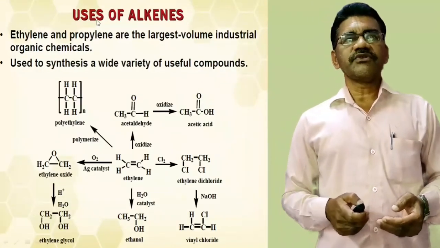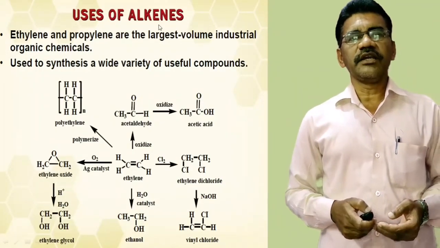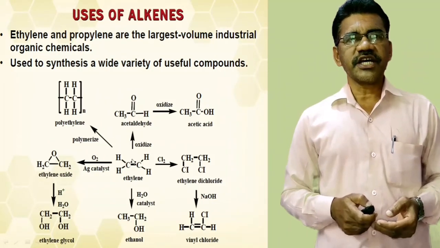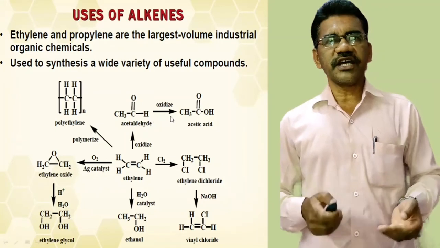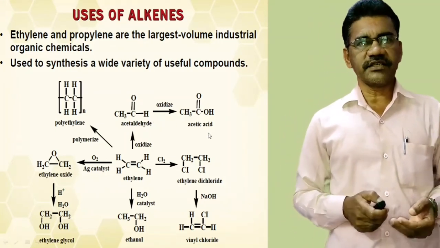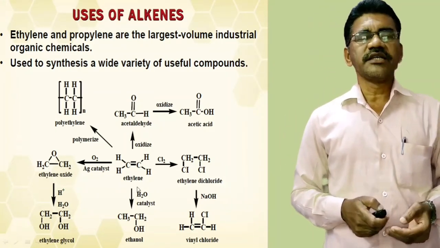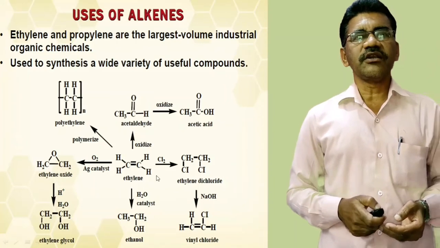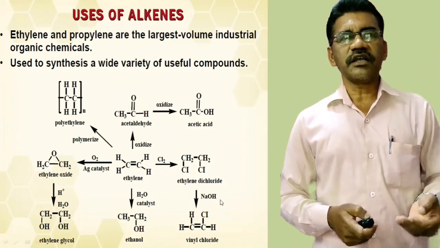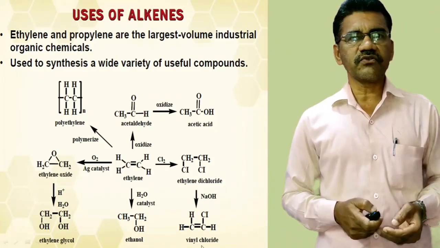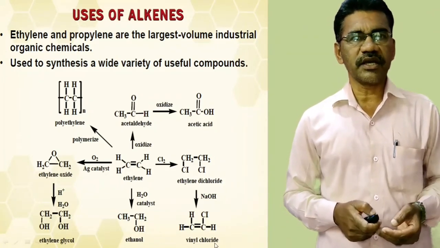Last point is uses of alkenes. When ethylene oxidizes, it produces acetaldehyde, and acetaldehyde further oxidizes to produce acetic acid. This is the first application. Second application, ethylene on chlorination gives dichloroethane. This again reacts with NaOH to produce vinyl chloride. This is the second application.